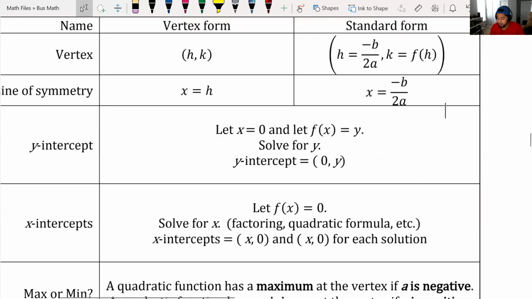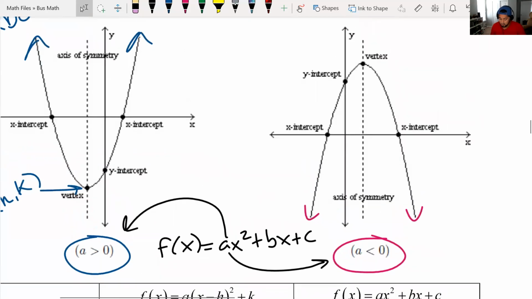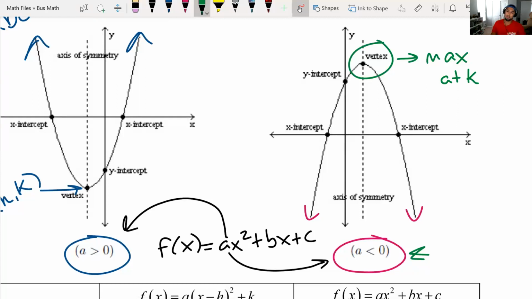So if A is less than 0, our parabola opens down and it will have a high point, which is the vertex, which will also be considered a maximum. The maximum occurs at the k value. So max at k.